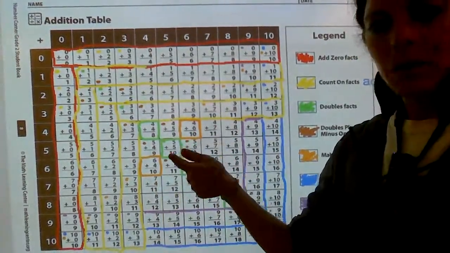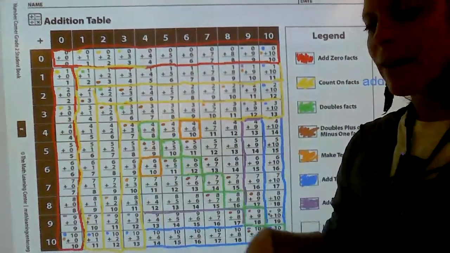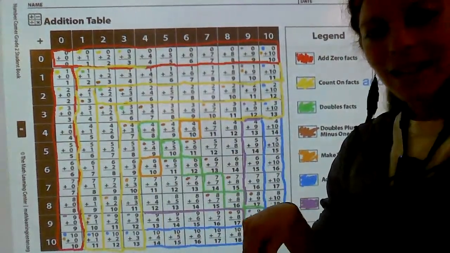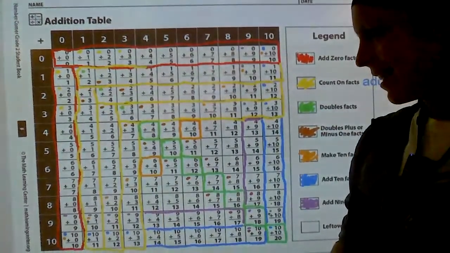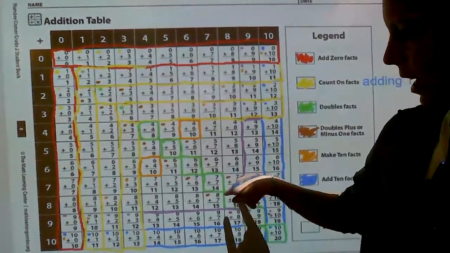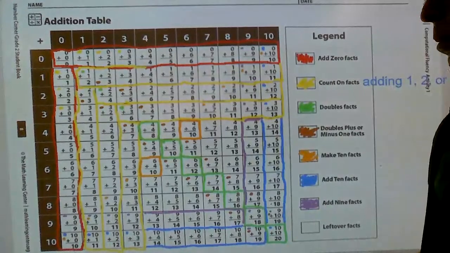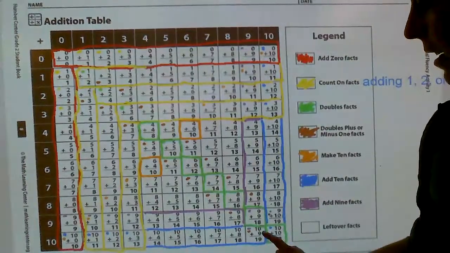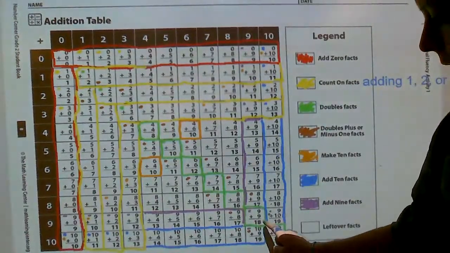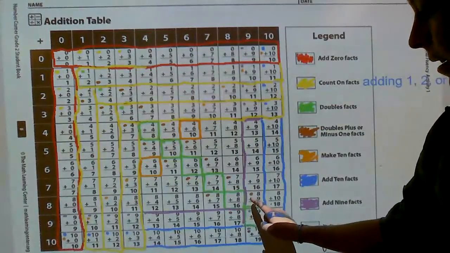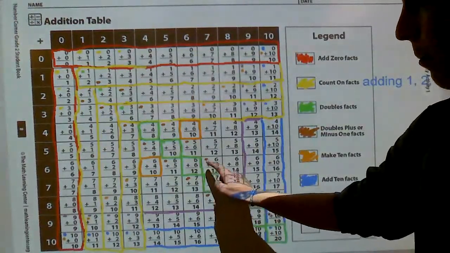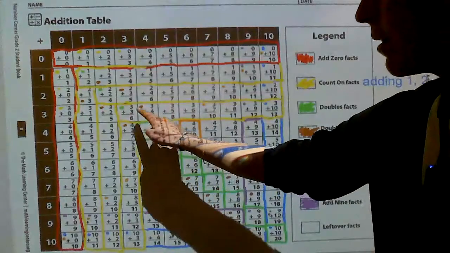Well, I don't need to count on. If I know 5 and 5 is 10, 1 less is 9. Go ahead and put a brown dot on all the doubles plus or minus 1. And you will notice it is to the right of all the boxes going up.